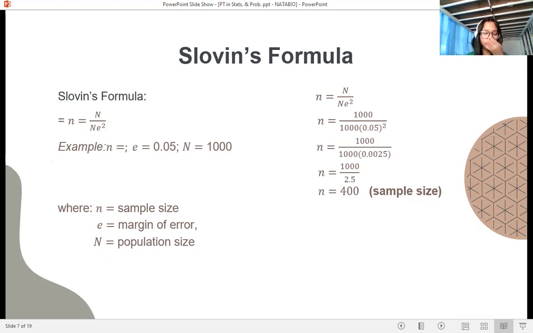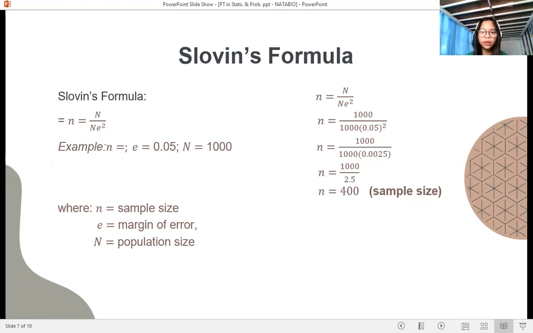We have an example here where we are finding the small letter n, or the sample size. Our given is e equals 0.05 and capital N equals 1,000. Our first step is to substitute the given in the formula.